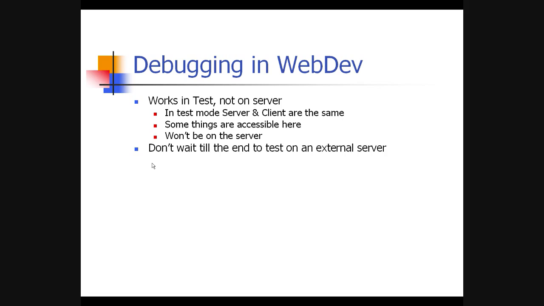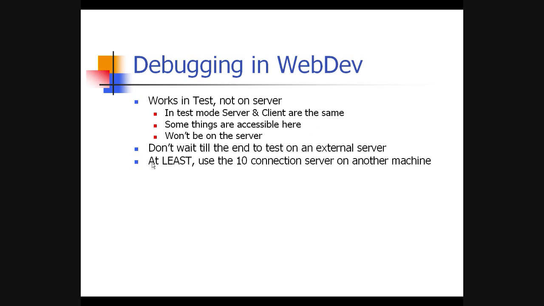You should do that from the beginning of your development cycle, because if you wait till you finish these 4 modules before you test on the server and you have a problem in something that you worked on last month, you don't remember it the same way as when you just did it, and perhaps you won't know where it's coming from. If you test each step on your external server, then it's much easier to find out which part is creating the problem.